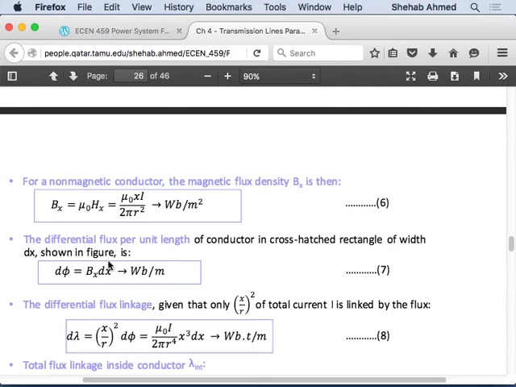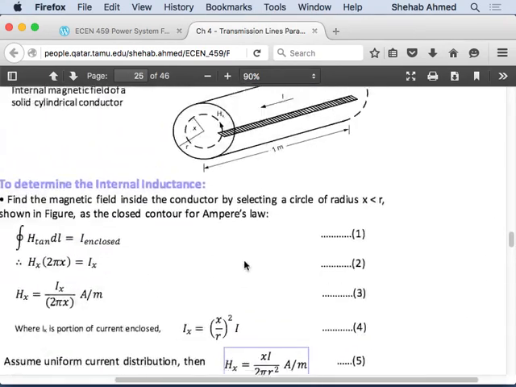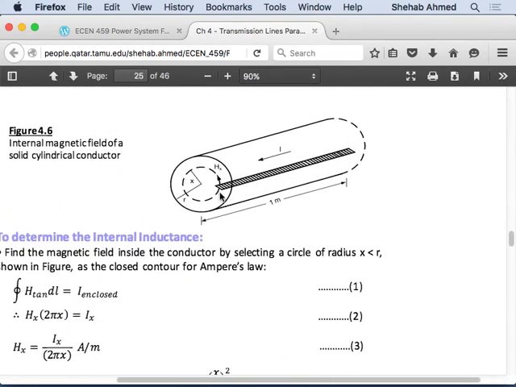The flux density is the number of flux lines per unit area, and this area is defined by what? It's dx because I have a length of 1. So the area that the flux is cutting is this distance dx, right? If this radius is x, then this distance is a portion in the same direction as the radius.